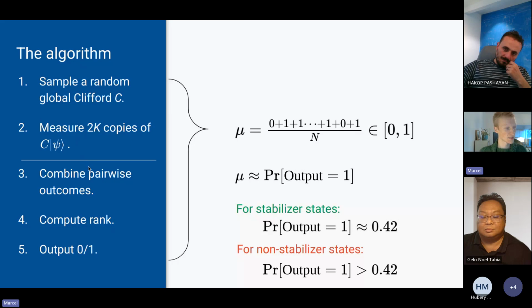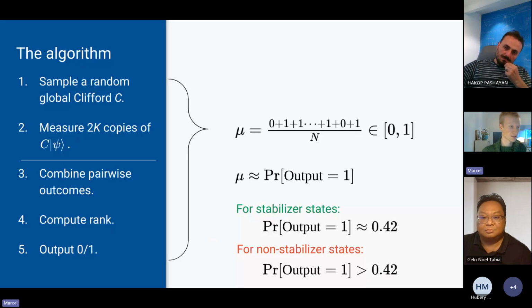In general, the way that I think about this is that if your state has more magic, this number is going to be bigger. It's going to tend to 1. The more magical, the further away you are from the stabilizer states, the more this number is going to go to 1.